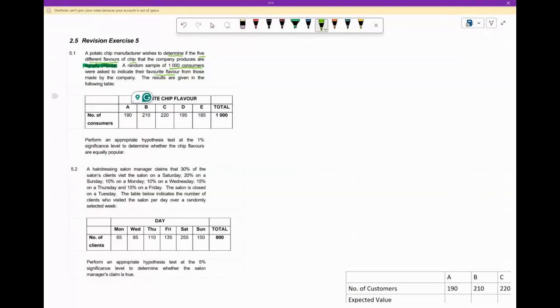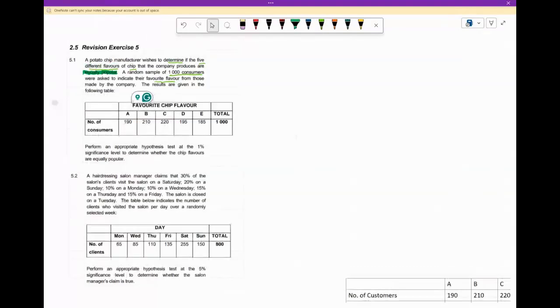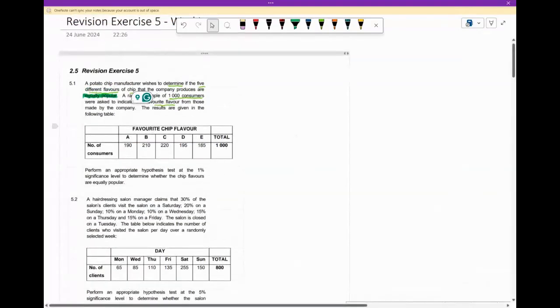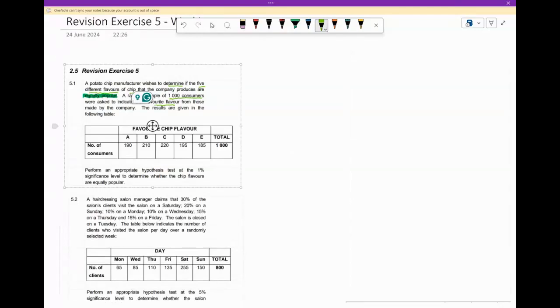The results are given in the following table. So there we have our results. Then it says perform the appropriate hypothesis test at 1% significance level to determine whether the chip flavors are equally popular.